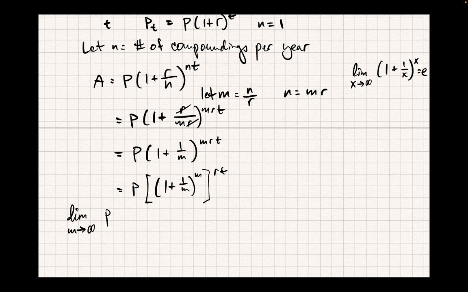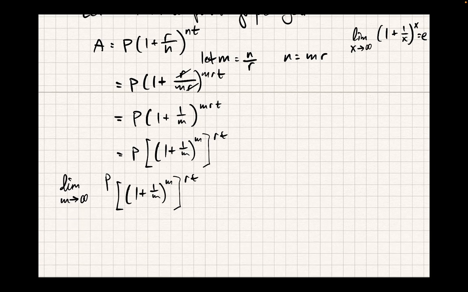This allows me to have more and more compoundings, 10,000 compoundings per second, 1 billion, 10 trillion compoundings per second. What's the limit of our little insert? e. What do I have left over?